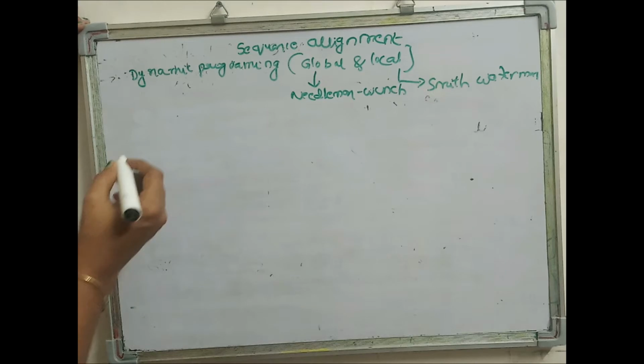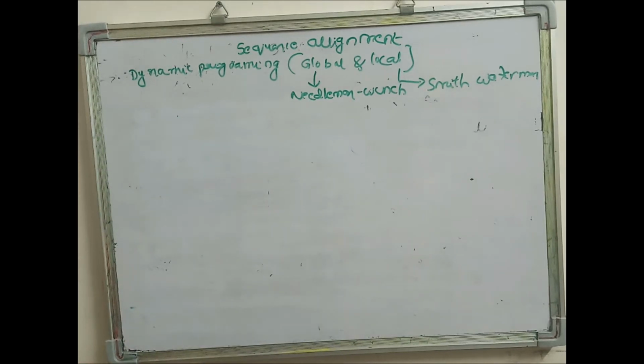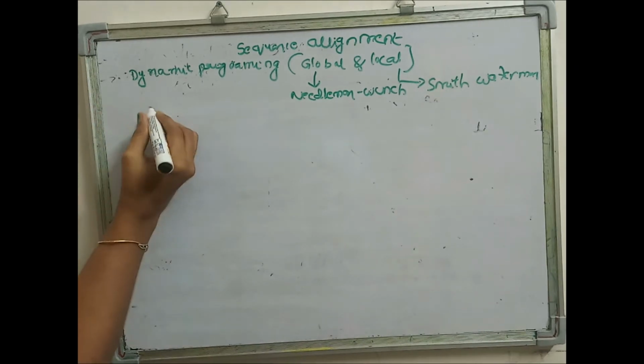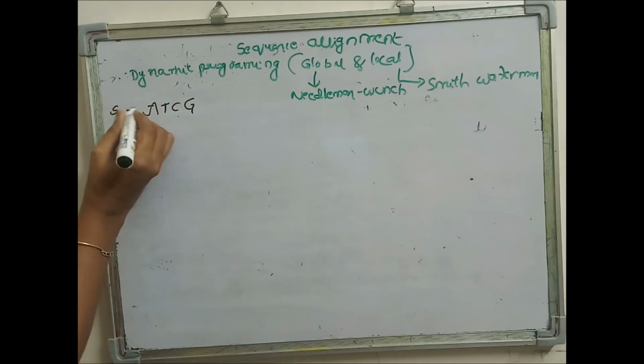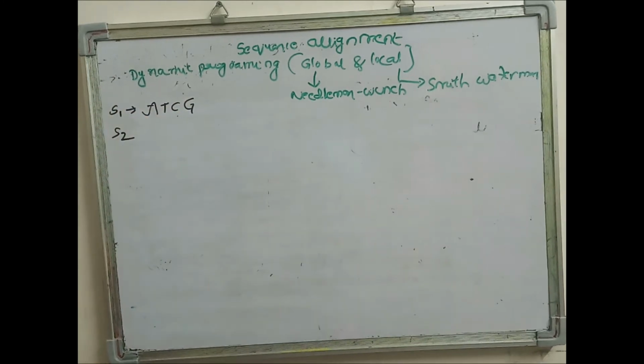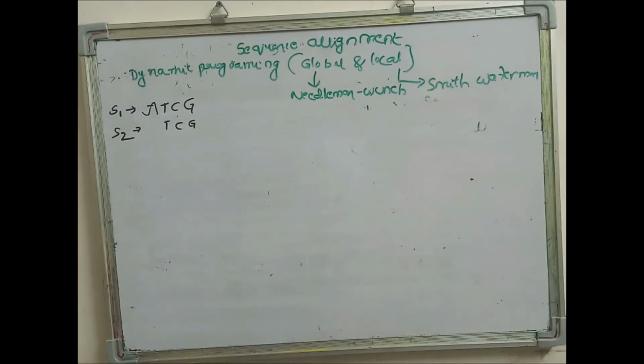In dynamic programming, we will take any sequence, for example A, T, C, G as sequence 1 and T, T, C, G as sequence 2.